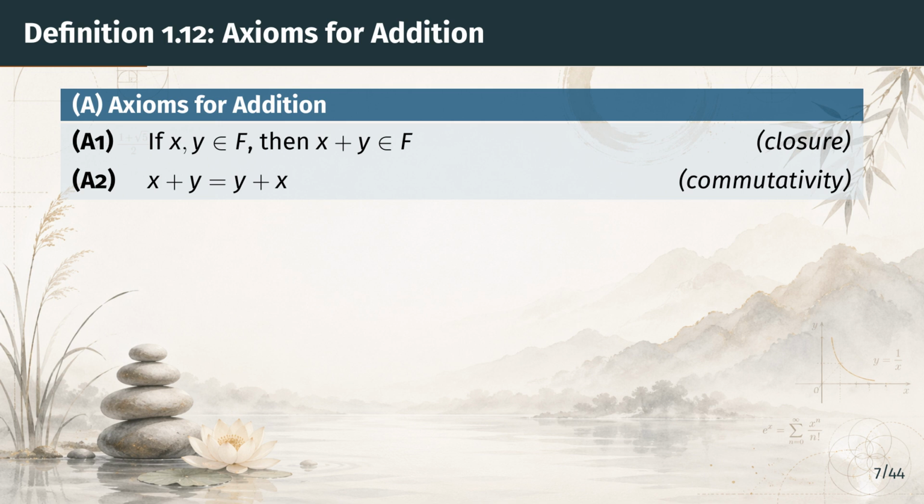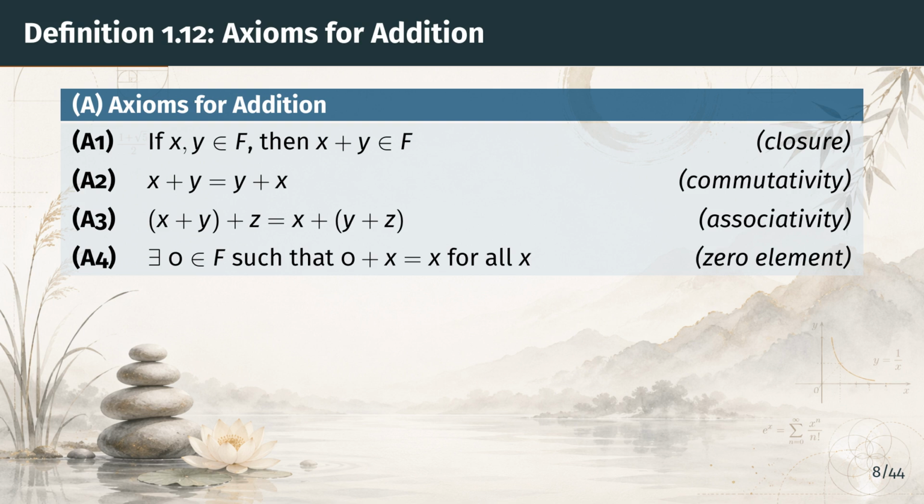Next come the structural axioms. Associativity tells us that grouping does not matter when adding three elements. Axiom A4 guarantees the existence of an additive identity, the element 0, which leaves every element unchanged when added to it.